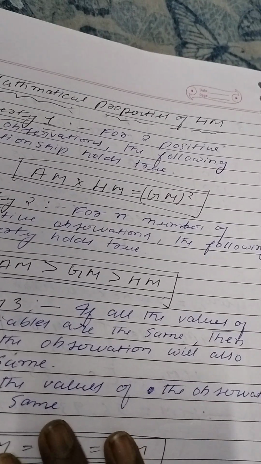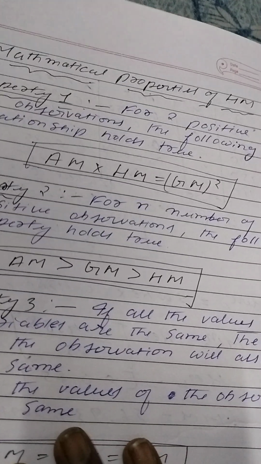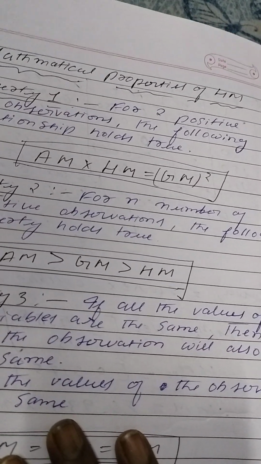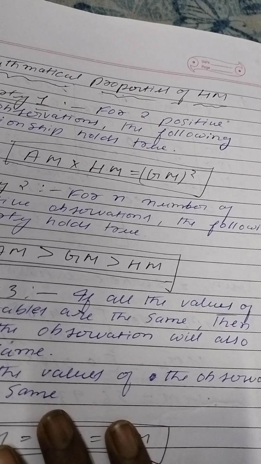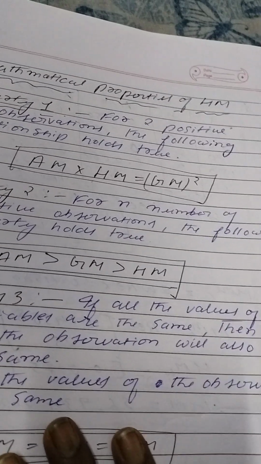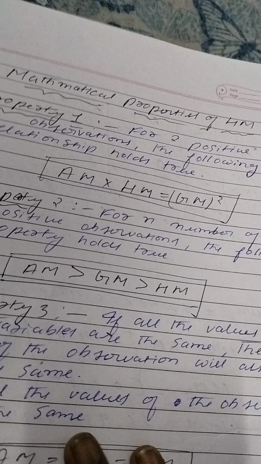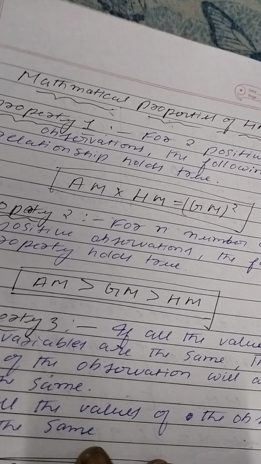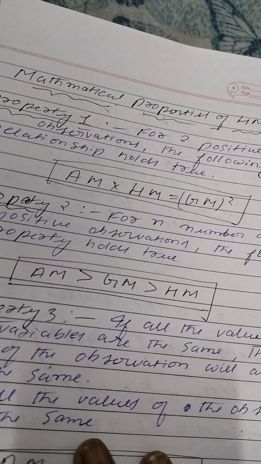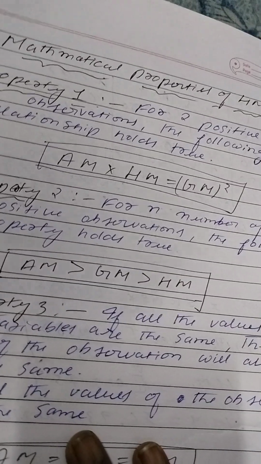What you have to do is just multiply the arithmetic mean and harmonic mean, and you get the square of the geometric mean, and after taking the root you get the exact geometric mean. Okay, because the geometric mean formula is under the root.